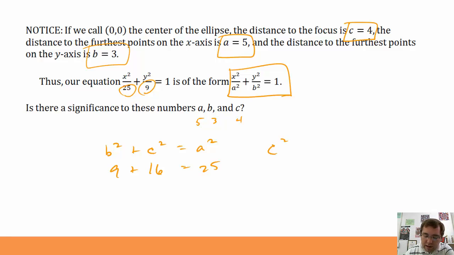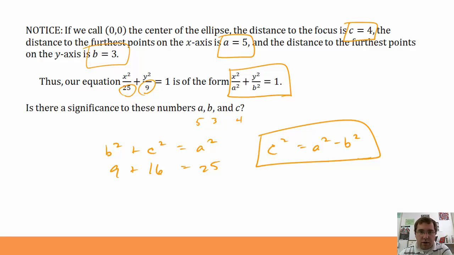Or, as we'll write it, c squared equals a squared minus b squared. And that will always be the case for an ellipse. Why? Great question. A question you should be asking, and a question you should ask me in class tomorrow when I'll show it to you.